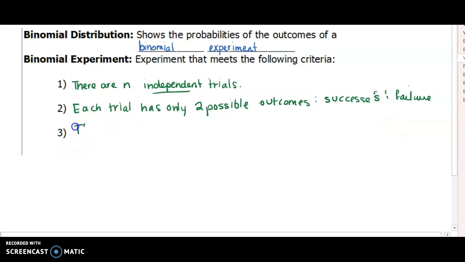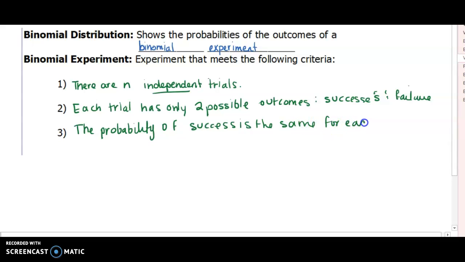And then third, the probability of success is the same for each trial.